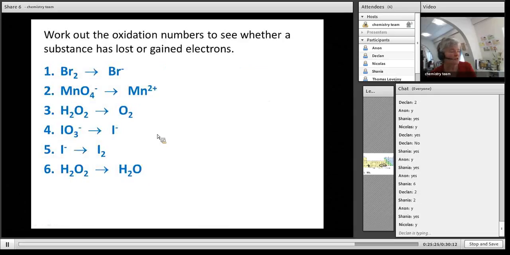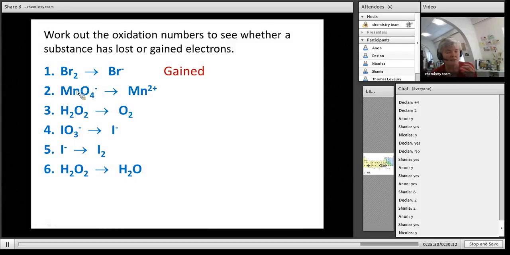Okay. So let's go on, because I see the time always flies. If we use the oxidation numbers to see whether the substance, bromine, permanganate, hydrogen peroxide, etc., has lost or gained electrons, what you do is you work out the oxidation number of each. So bromine goes from 0 to -1. It has become more negative, so my bromine has gained electrons.